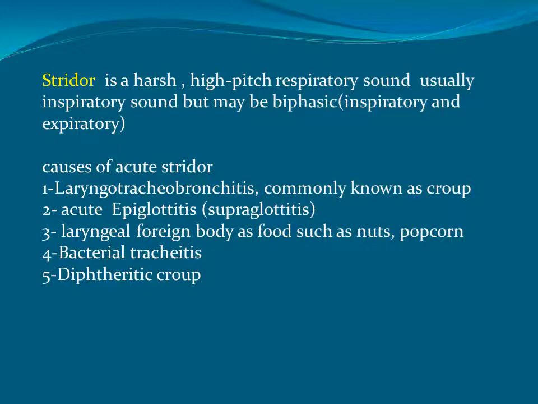Third, laryngeal foreign body, such as food like nuts and popcorn. Then bacterial tracheitis, and diphtheria or diphtheritic croup. So these are the main causes of acute stridor. We will discuss each one separately later, and how we can differentiate between them.